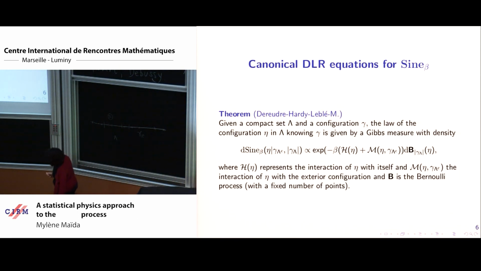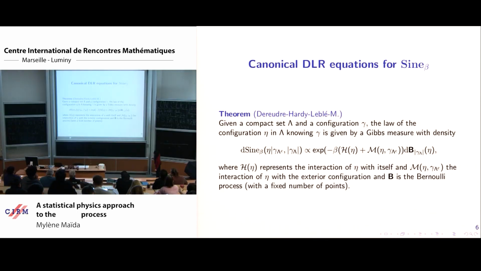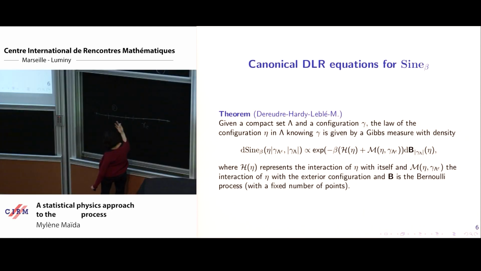to a measure, which is a Gibbs measure, given by exponential of minus beta H of eta plus some function m of eta and gamma on lambda complement. Here H of eta is the interaction of the configuration inside with itself.